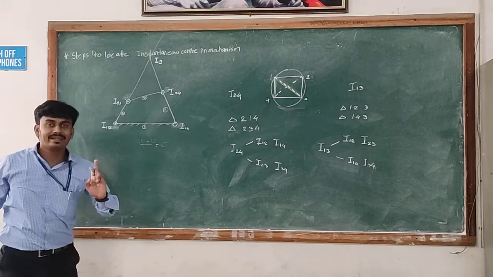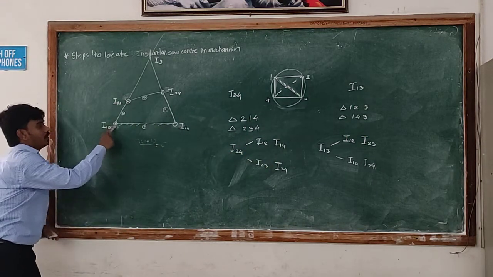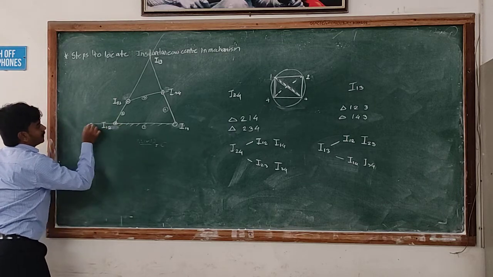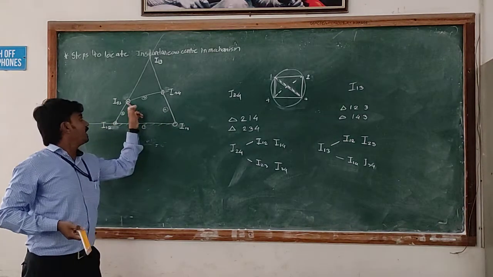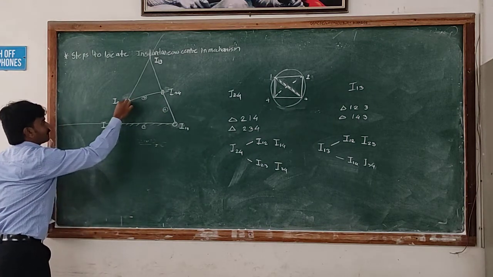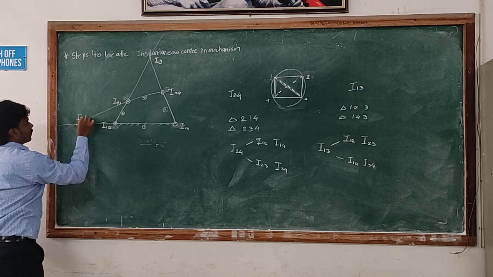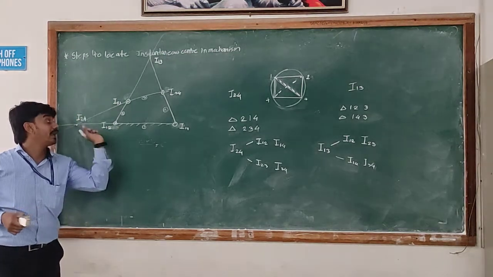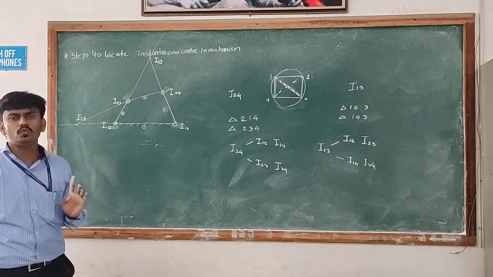So extend the line 1 2 and 1 4 in this direction, and 2 3 and 3 4. If we extend these lines, where they intersect, here we will get the ICR 2 4.